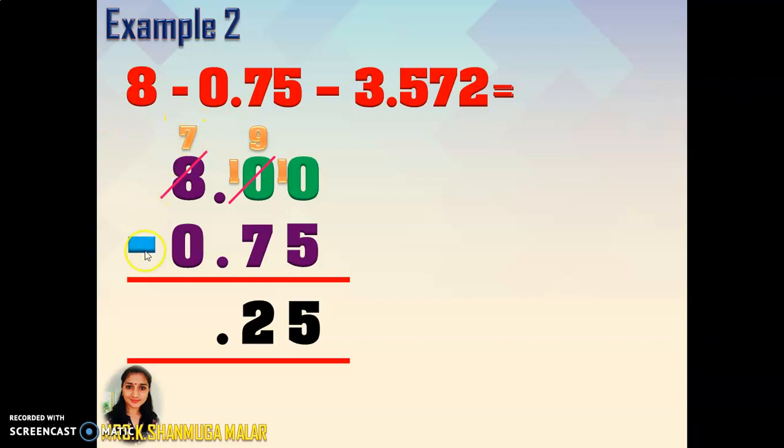Next, 7 minus 0. We get 7. Next, bring this answer over here, 7.25. Then, we must minus 3.572 from 7.25.